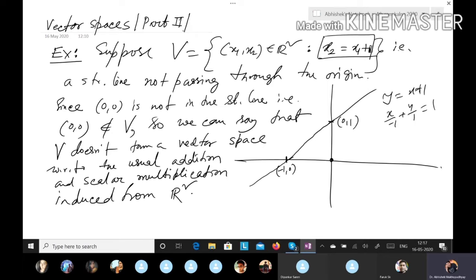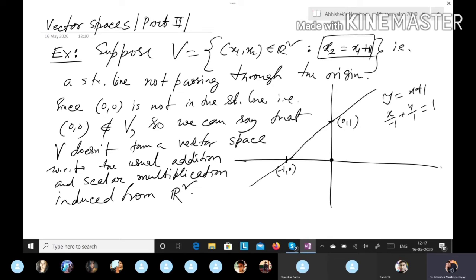Because first of all, whenever V is a vector space, it needs to be an abelian group with respect to addition. So that is needed. And 0 0 was the additive identity of R2.